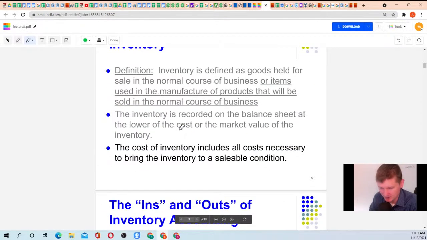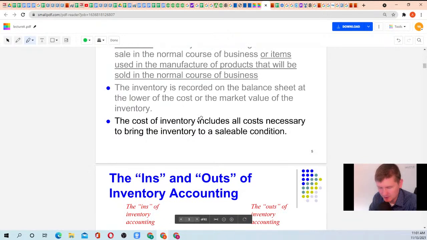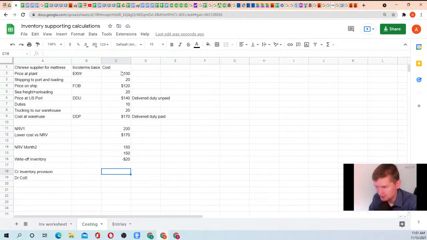Definition of inventory. The cost of inventory includes all costs necessary to bring the inventory to a saleable condition. That's what we just did here. Our saleable condition of that mattress is $170.